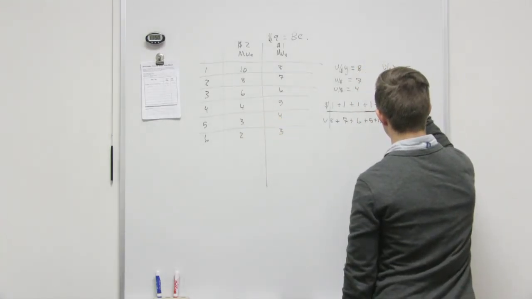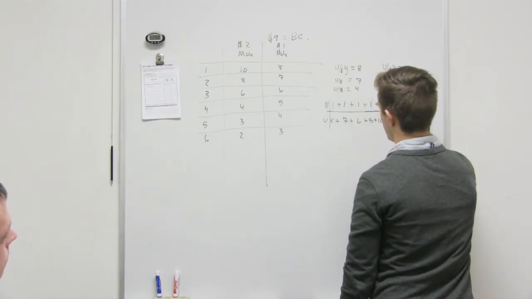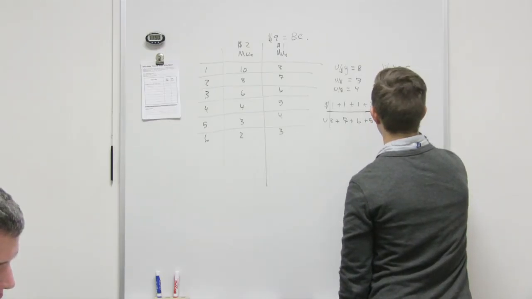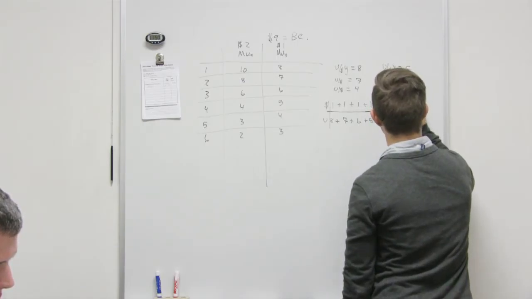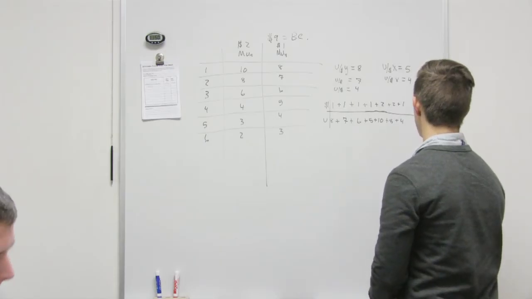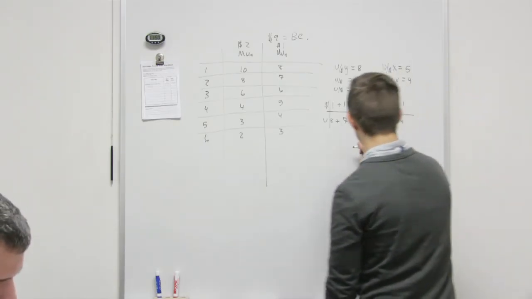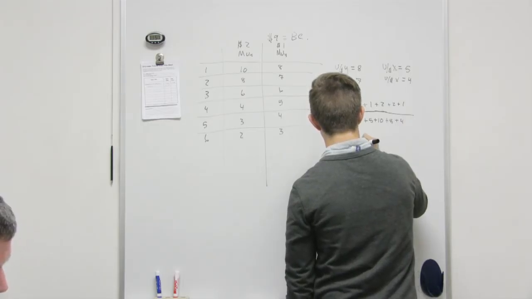So plus 2, plus 1, and then plus 8, plus 4. So his total utility is this added up. 16, 20, 30, 41, 48. So his total utility equals 48? I think so.